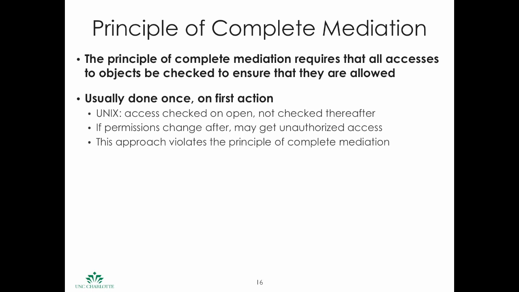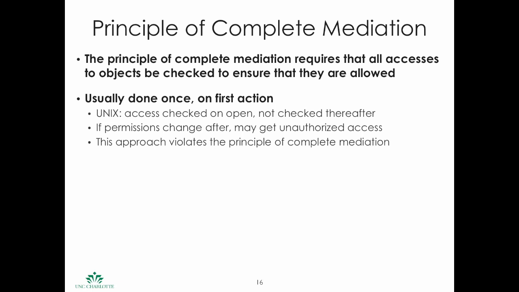are allowed. For example, when a Unix process tries to read a file, the operating system determines if the process is allowed to read the file. If so, the process receives a file descriptor which encodes the allowed access. So whenever the process wants to read the file, it presents the file descriptor to the kernel, and the kernel then allows the access.